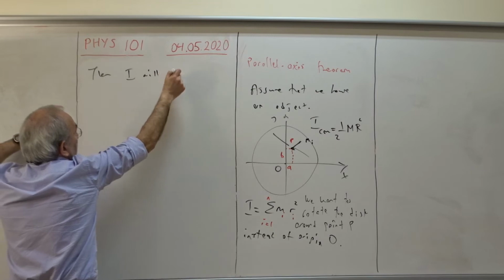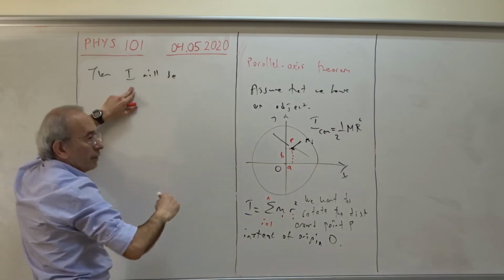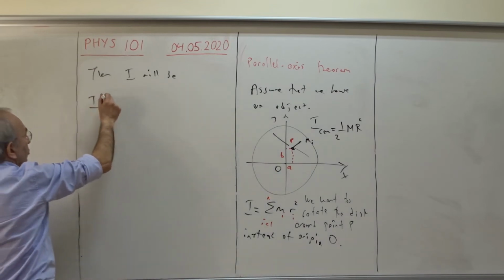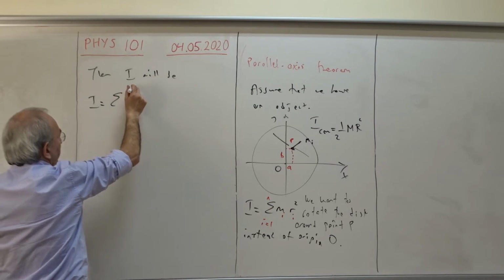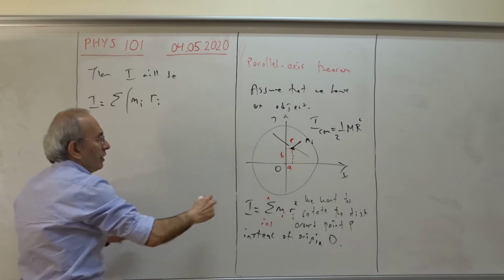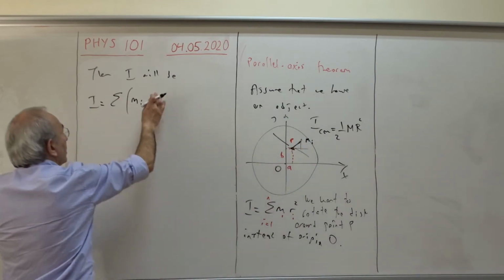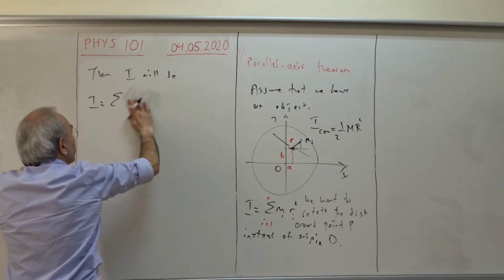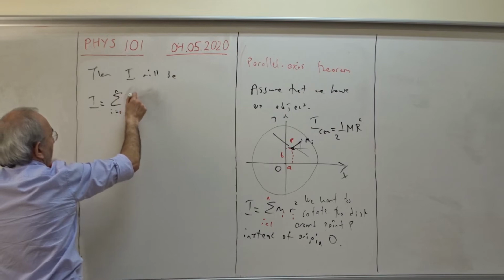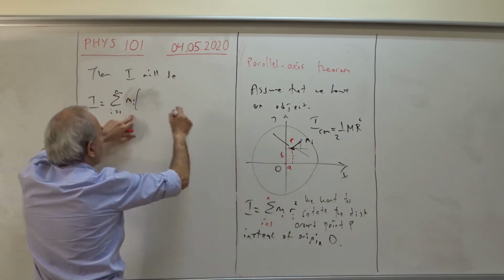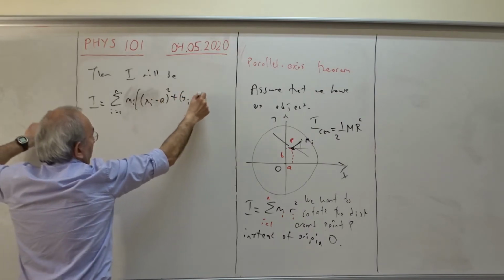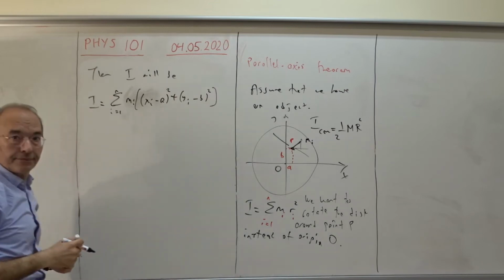Rotational inertia will be written as the summation of mi and ri, along the x and y directions. So for all i from 1 to n, mi times xi minus a squared plus yi minus b squared.